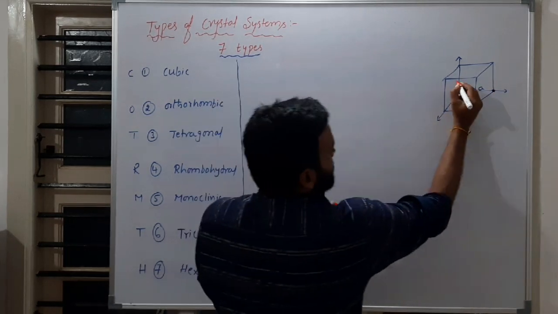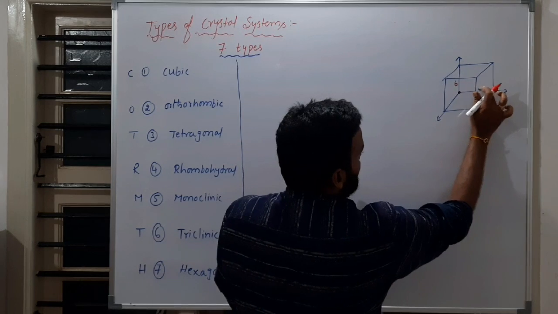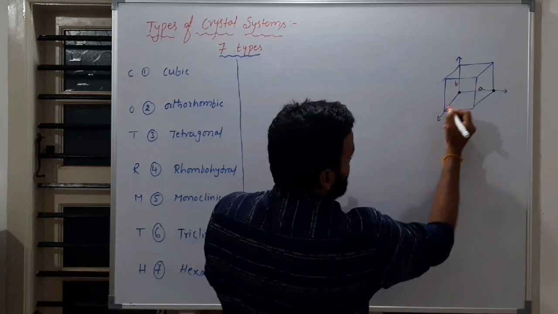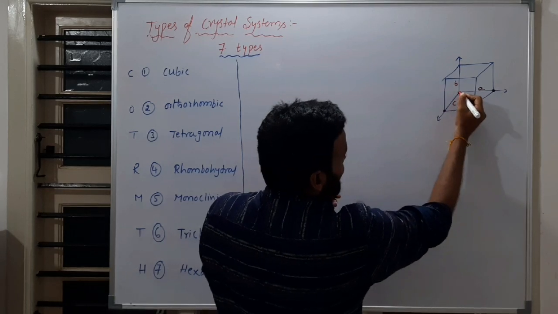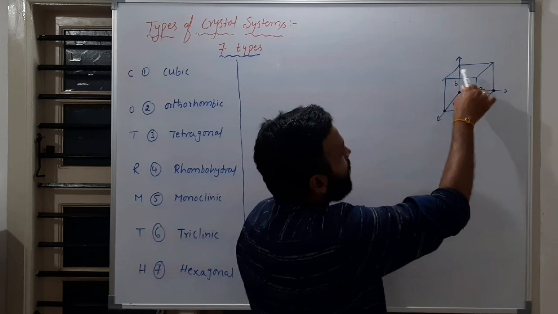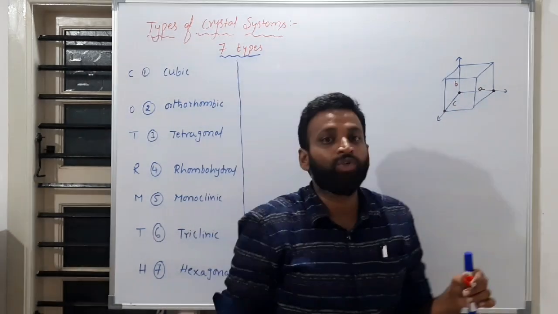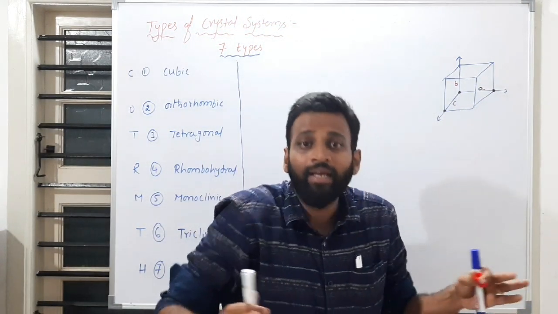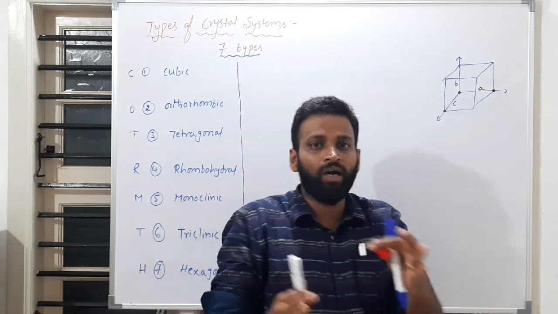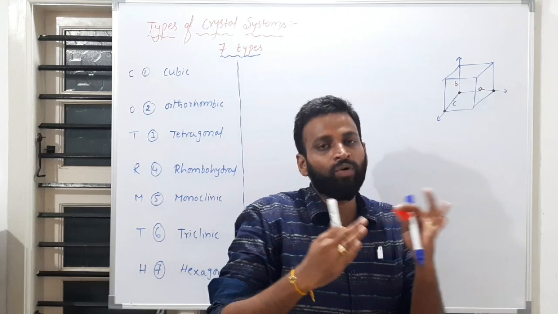And here this is B, this is A, and here B, and from here to here is C, the different edge lengths. See, why I said 3? How many edges are there? 12 edges actually. So do we have 12 different edge lengths? No. 4 are one kind, 4 are another kind, 4 are another type. So total 4 threes are 12.